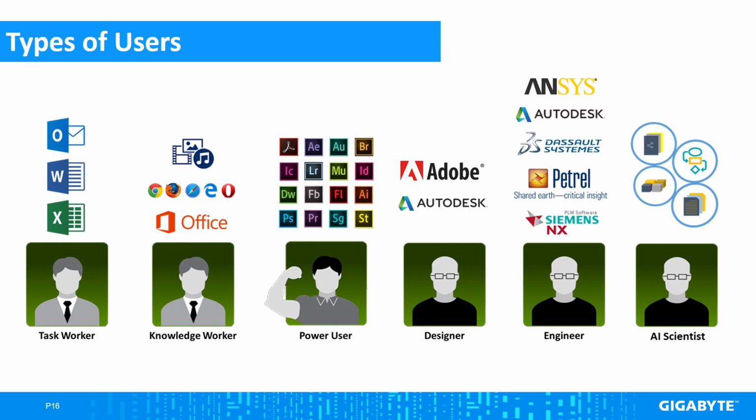But the knowledge worker could use entry-level graphics for a smoother experience as they use graphics accelerated work. By the time you reach a power user, graphics acceleration is a must. For Adobe products, desktops are usually fitted with NVIDIA Quadro GPUs for these users.